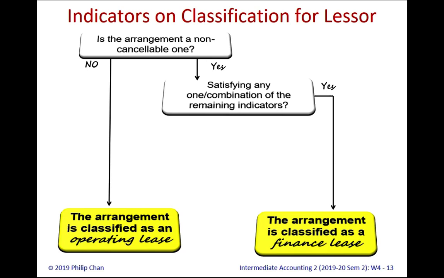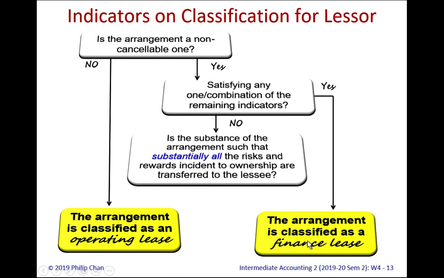In short, the minimum number of indicators you need to identify from a lease contract is 2 in order to classify the lease as a finance lease.